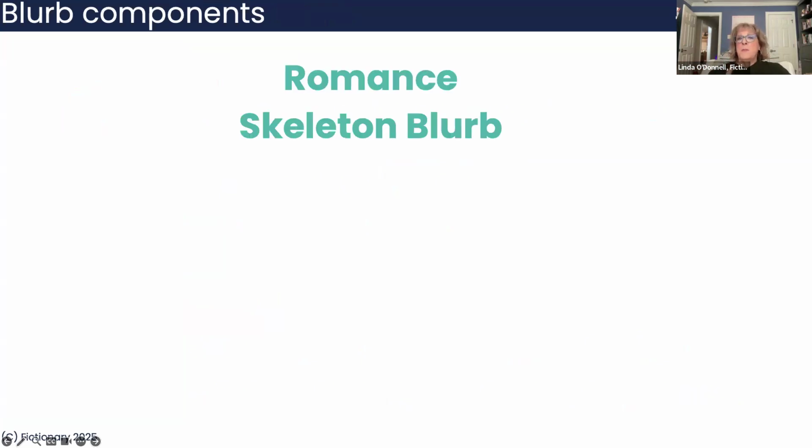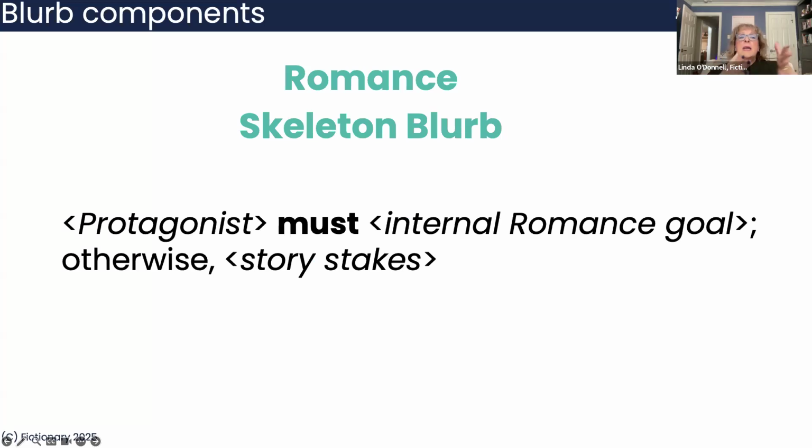So let's talk about two of those components in the blurb. First of all, here's what it looks like. The protagonist must do something, and it's an internal romance goal. So, what does that mean? Well, I'm going to talk about that in a moment, but it has to do with something that the protagonist needs to overcome rather than doing something.